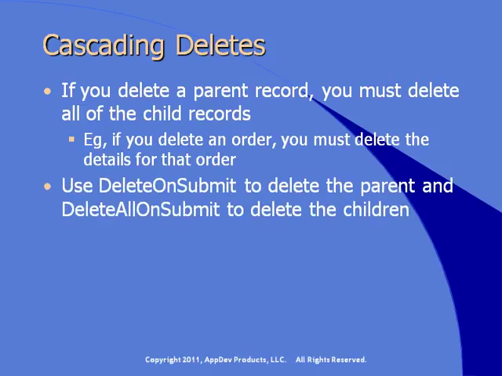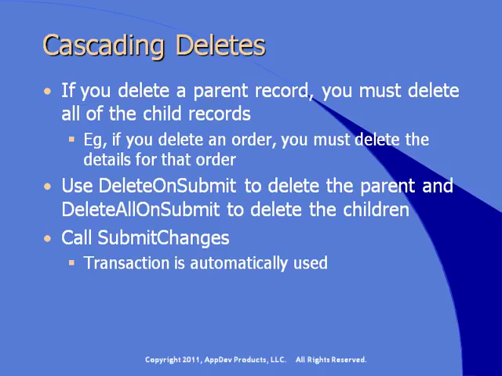Well, with LINQ to SQL, you don't have to do that. You can use the delete on submit method to delete the parent, and then the delete all on submit method to delete all of the children for that parent. And then you call submit changes. And as we just mentioned, LINQ to SQL will automatically wrap this in a transaction for you.